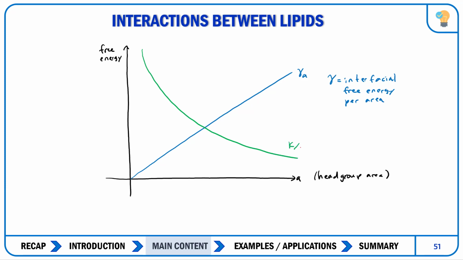We label it K divided by A, where K is the strength of repulsion. Then you have something like this, which we call mu n naught, which is defined as gamma A plus K over A.